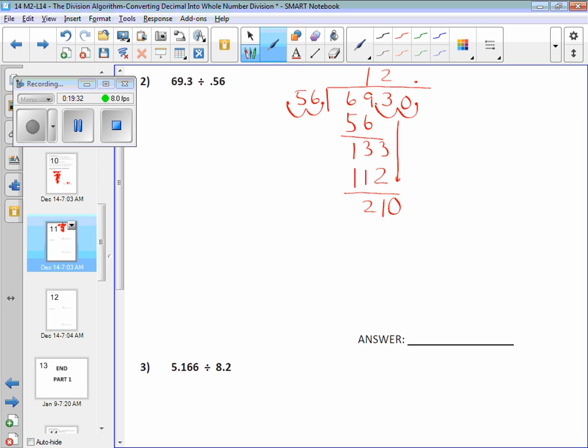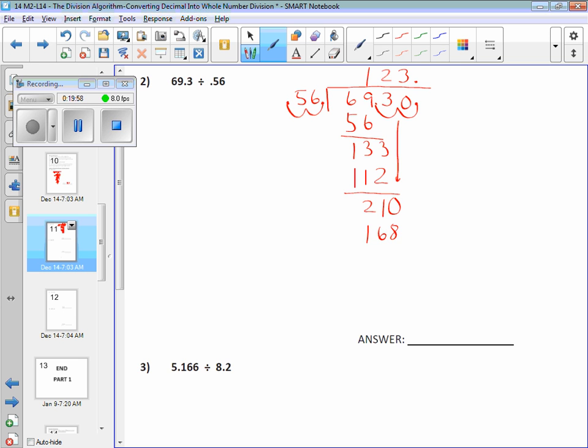56 into 210. If you're not up to it yet, do you have a guess? I'll tell you whether you're right or wrong. Yes, 3. 4 is too much. Right above the 0 since I dropped down the 0. And that is going to make 168.